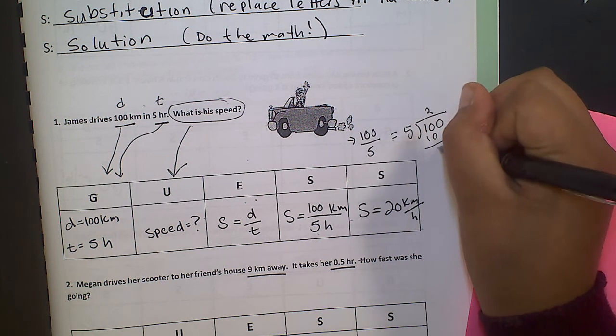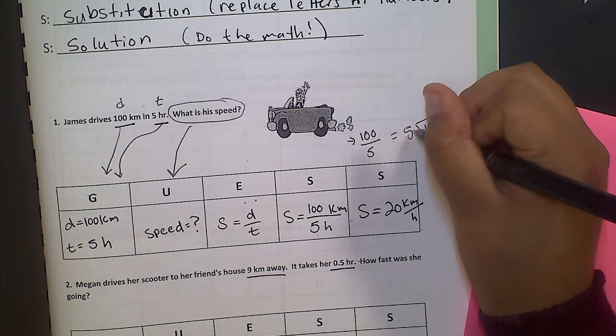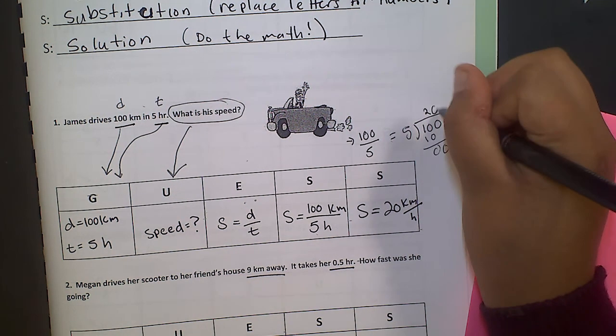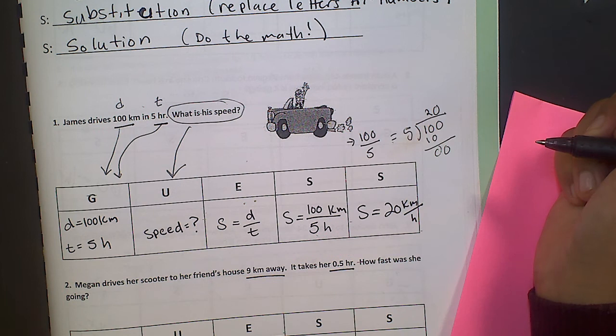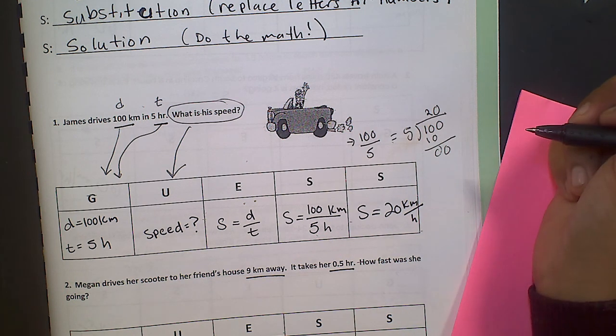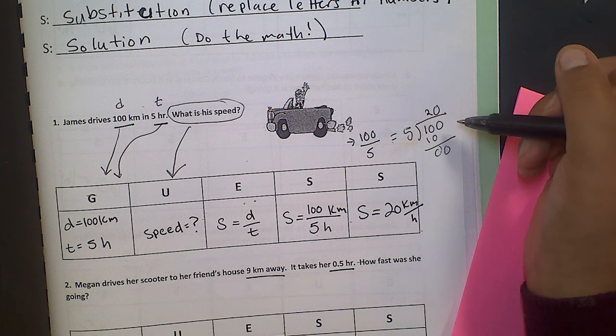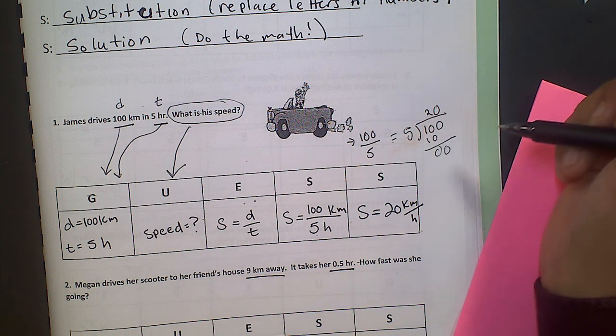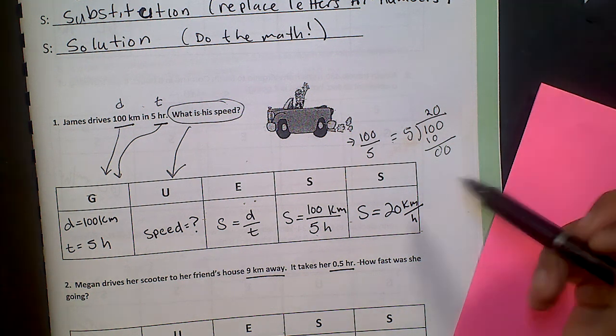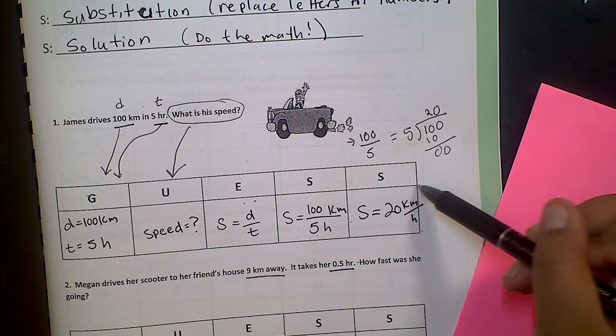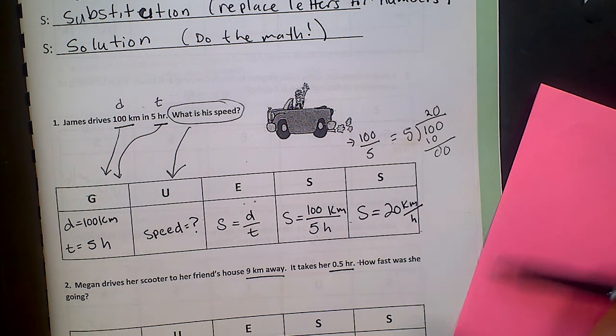Then I've got some zeros, and I add a placeholder 0 there. So 5 goes into 100 20 times. Try not to use a calculator. It's always really good to practice some basic math skills. So that's how I got my solution here.